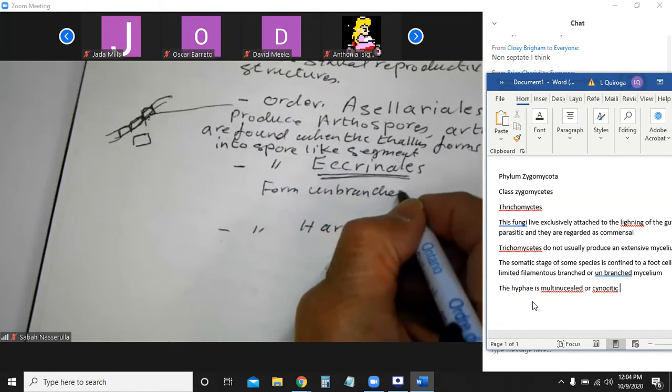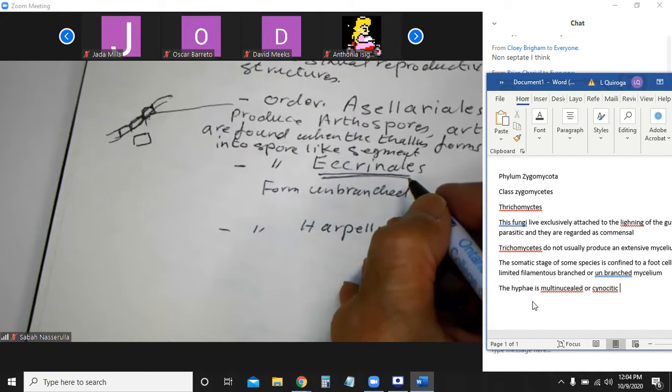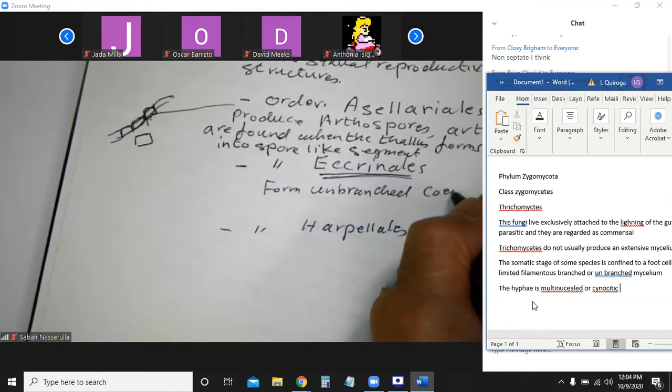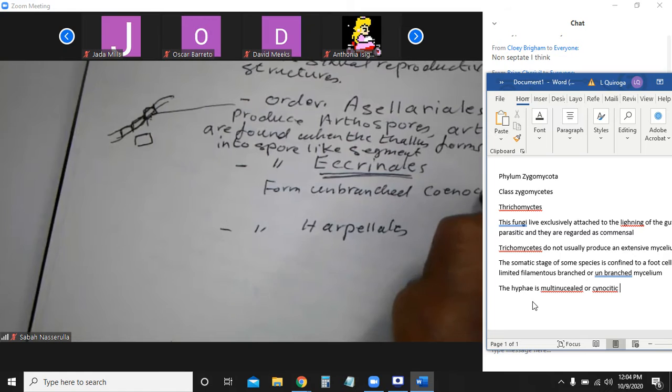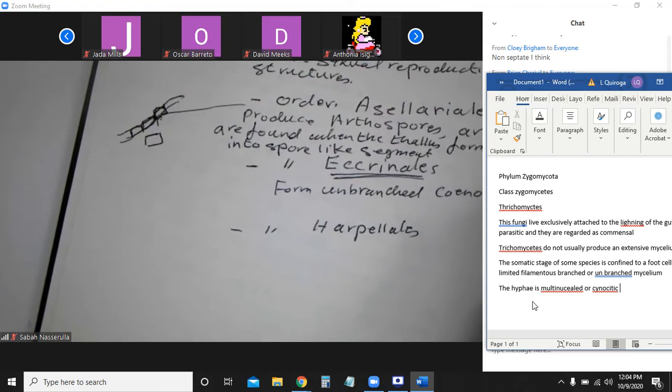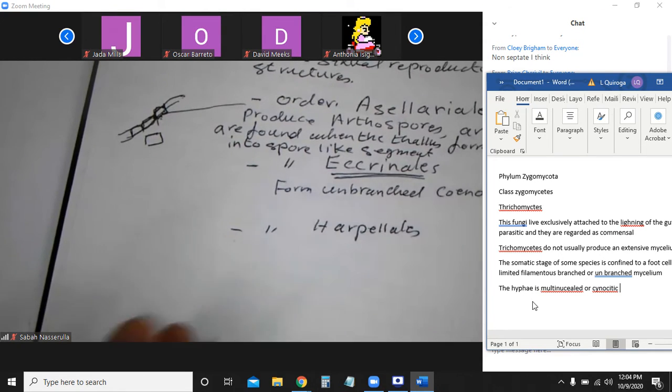branched, coenocytic thallus, which cleaves into sporangia.